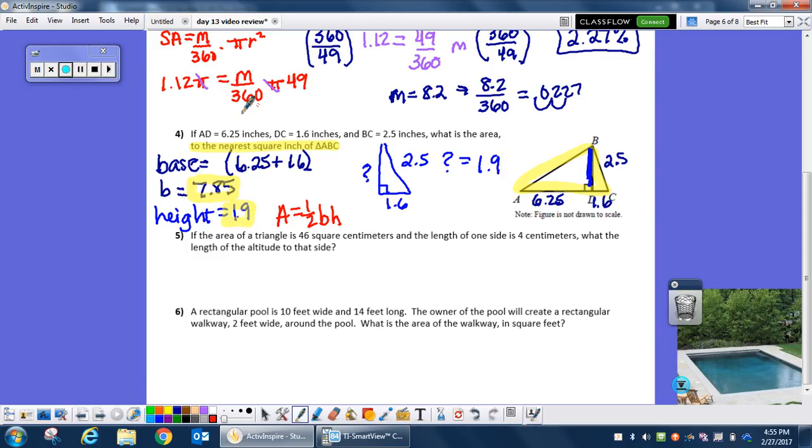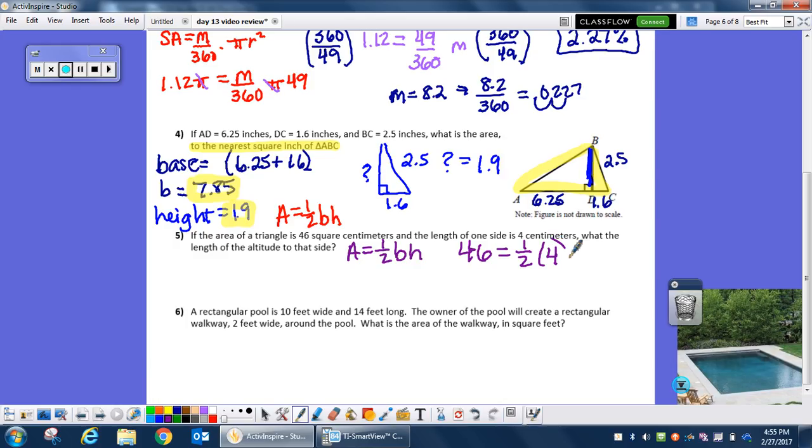Okay? Alright, number 5, you definitely do not want to get wrong because it's super duper easy. Well, it can be. The area of the triangle is 46 square centimeters, so I'm going to hit 1/2 base times height. The length of one side is 4 and the area is 46. And they want you to find the altitude. The altitude is just a fancy word for height.